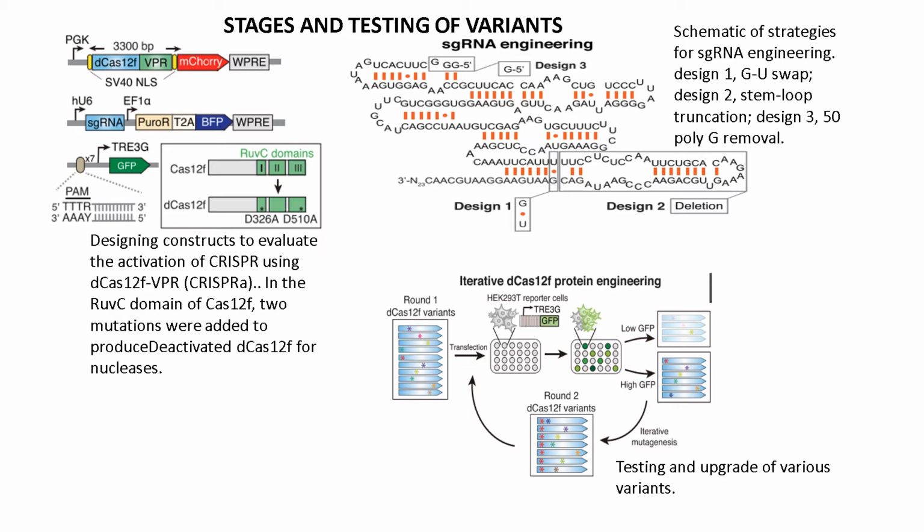Interestingly, all the designs improve gene activation, with one design outperforming the other two. Engineering the Cas12F protein for enhanced gene activation in mammalian cells: to test the effect of the Cas12F protein on gene expression, we used an iterative protein engineering strategy.